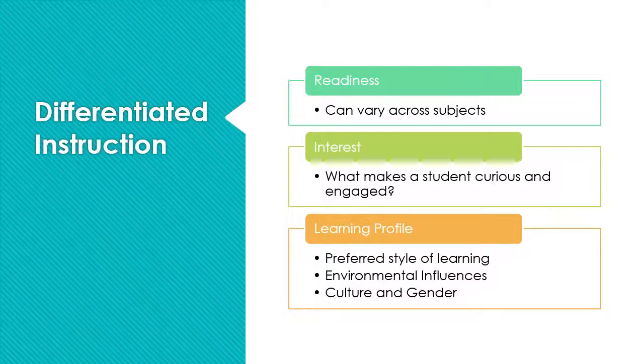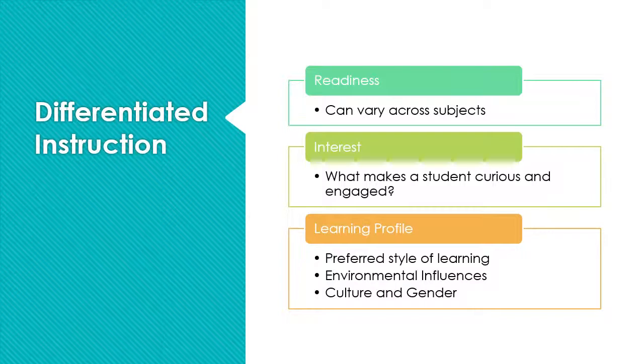Some of the ways that you can use differentiated instruction, especially when you're assessing how to help your students, is understanding the readiness of your student based on the subject, because you're going to have students who come to the table with a lot of knowledge about a subject, and you're going to have other students who come to the table with perhaps no knowledge about the subject.